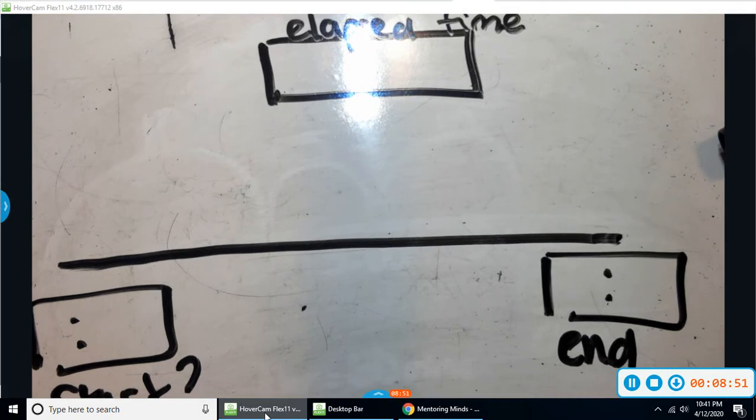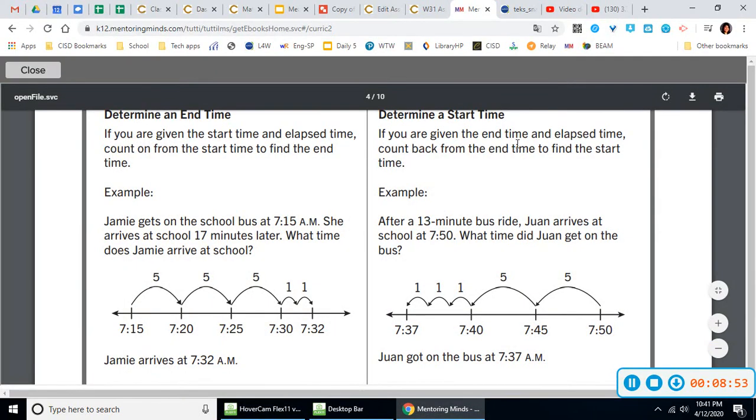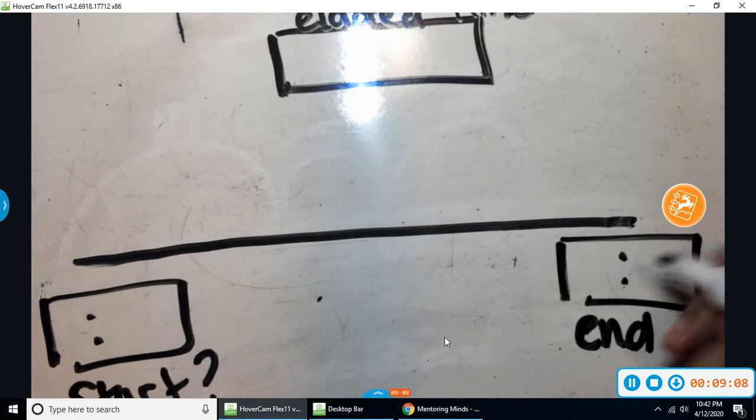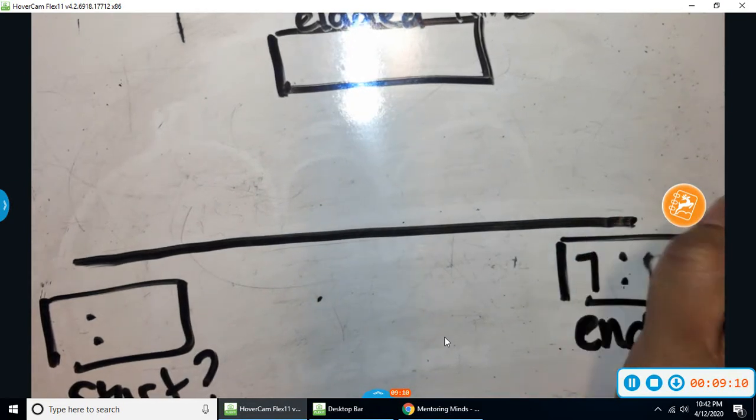So the example is, after a 13-minute bus ride, Juan arrives at school at 7:50. What time did Juan get on the bus? Okay, so I know it has it there, but we're going to work it out. So he arrives at school at 7:50.